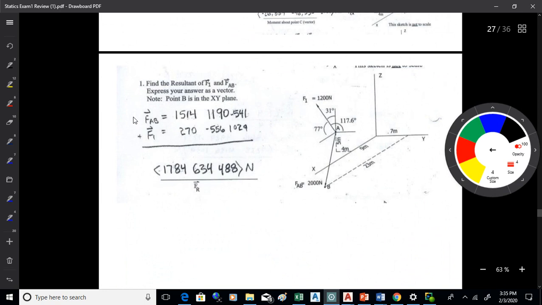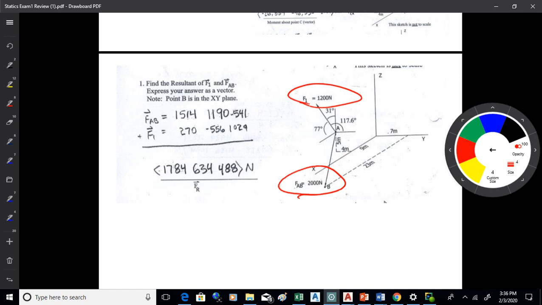Okay, here's find a resultant. Express your answer as a vector. So you're going to find FAB. That's going to be done with position vectors. You're going to find the position of B, find the position of A, find the position vector, find the magnitude, divide it out, and scale it up by 2,000. And then you'll find a vector for F1.